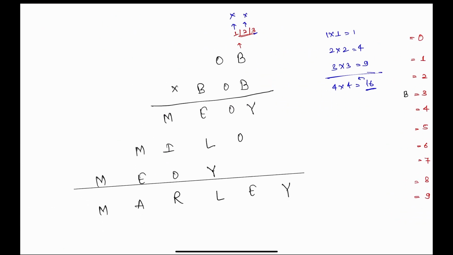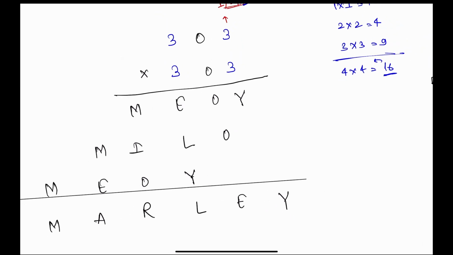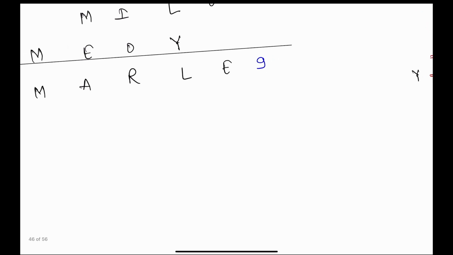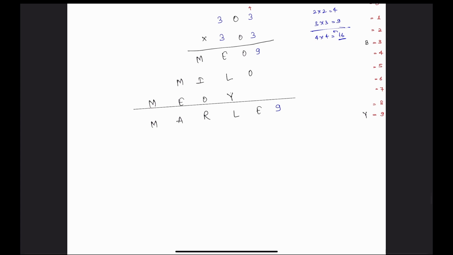Once I got a value of 3, let's just replace it with 3, 3, 3, 3. So again, once it is done, y is confirmed, y becomes 9. Okay, great. Here also y becomes 9.